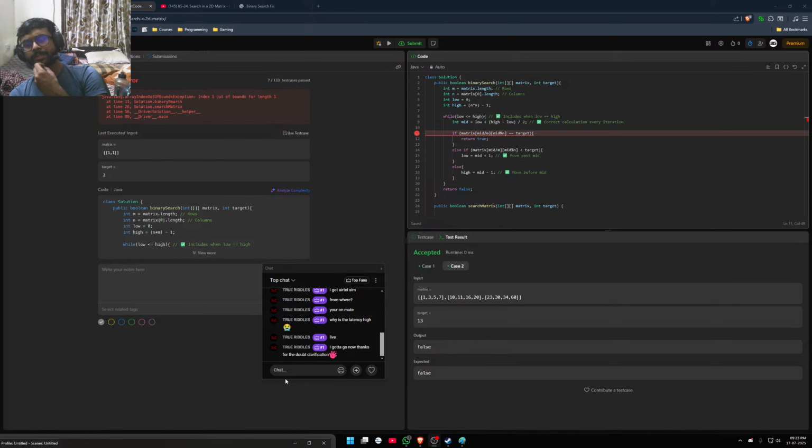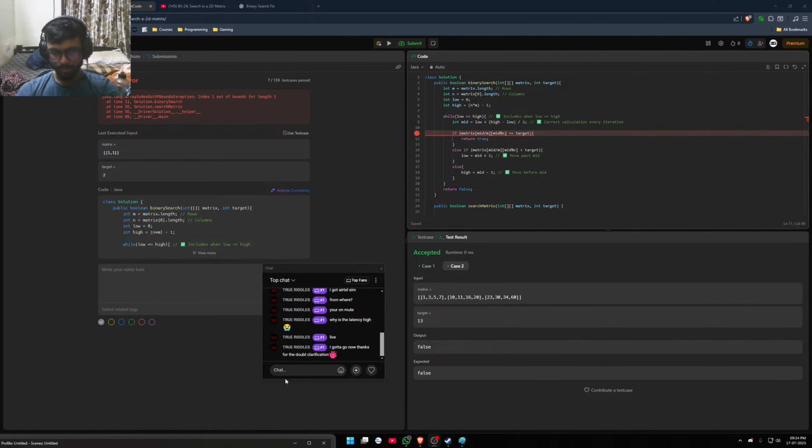What's the error? What's the issue? Let me fix this myself without asking ChatGPT. So mid is 0, I'm pretty sure mid is 0.